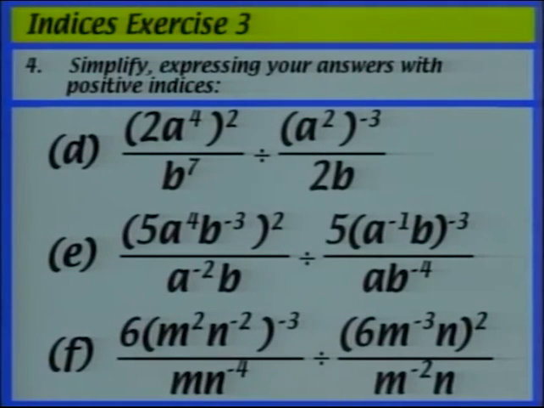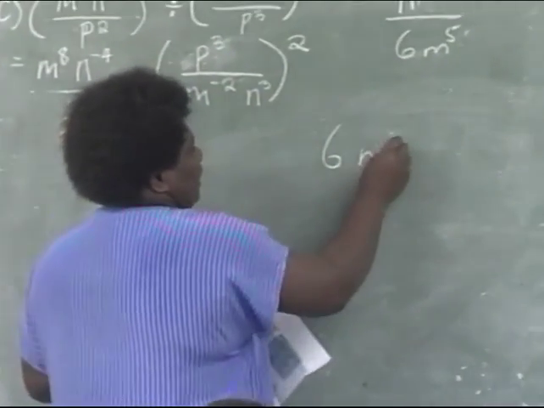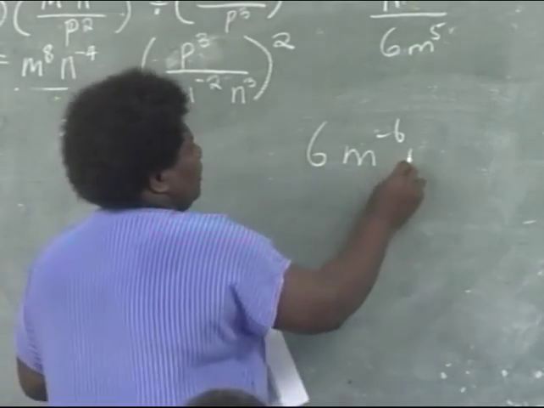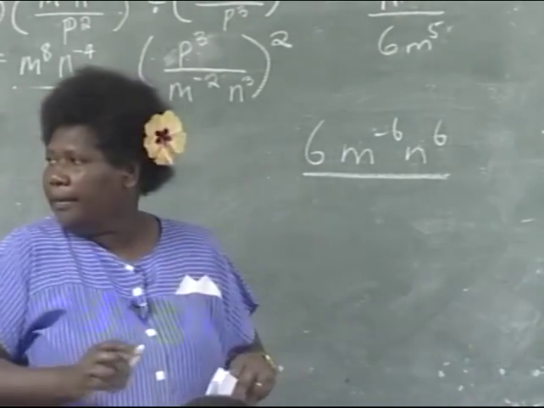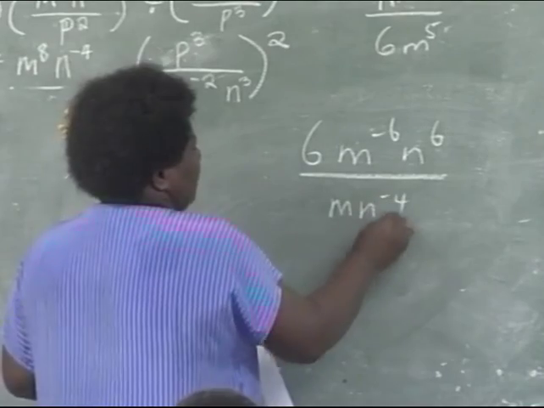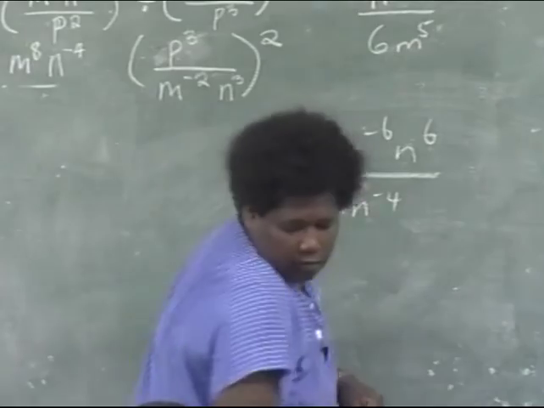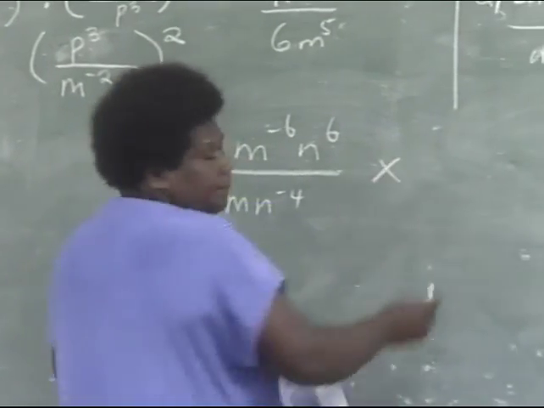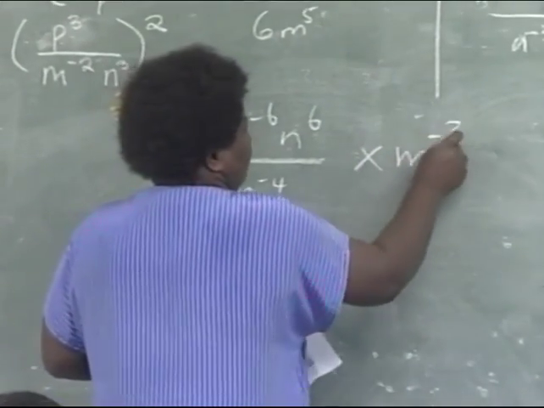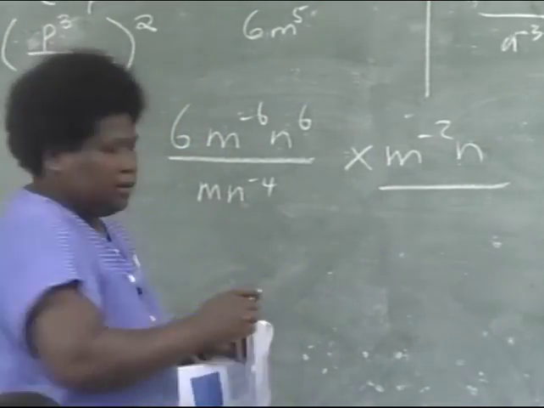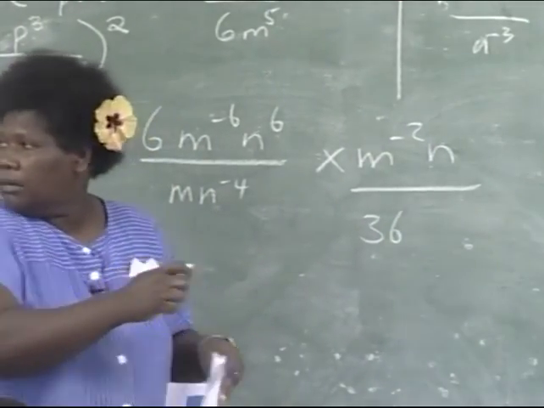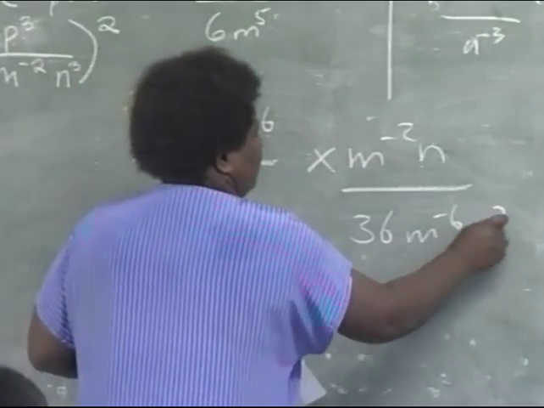Right, let me just do letter F quickly before we finish. 2 times negative 3 will be negative 6. So you get m to the power of negative 6, n to the power of positive 6 over m n to the power of negative 4, multiplied by m to the power of negative 2n over 36 m to the power of negative 6 n squared.